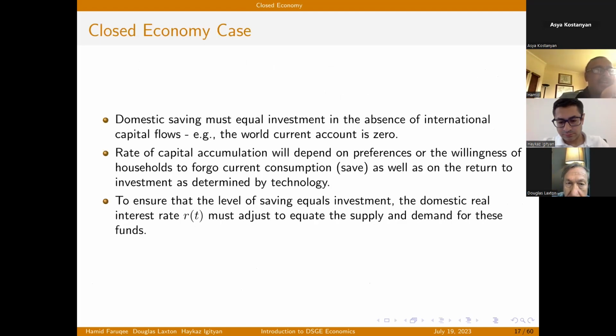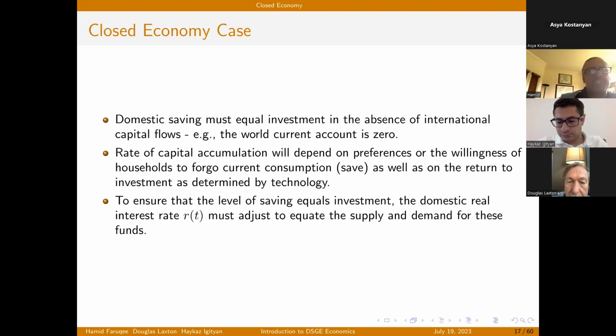Okay, so let me go back to the closed economy case. We've talked about the small open economy version of the model, and it actually nests nicely within that framework. Here we just have domestic saving equaling total investment, so zero capital mobility, and the current account is always zero.